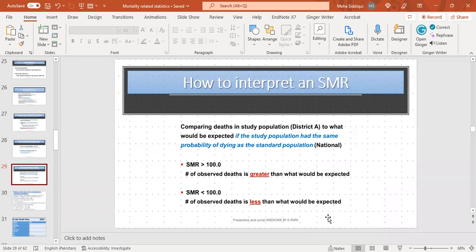Comparing deaths in the study population, for example, district A, to what would be expected if the study population had the same probability of dying as the standard population. So if the standardized mortality ratio is greater than 100, the number of observed deaths is greater than what would be expected. And if the standardized mortality ratio is less than 100, it indicates that the number of observed deaths is less than what would be expected.